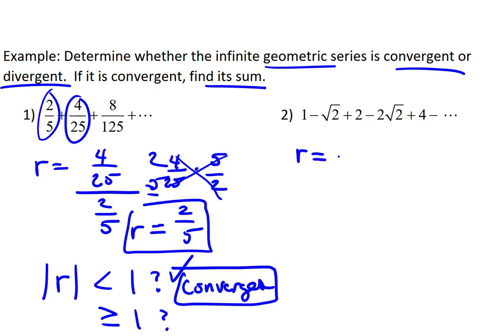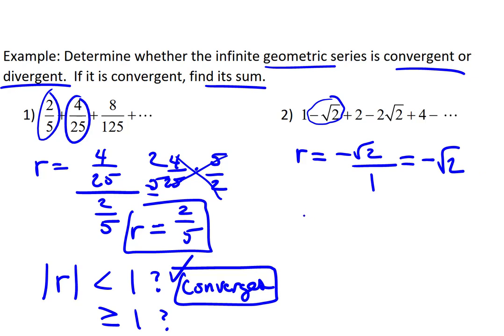As we've been discussing, this will be found by taking any term and dividing it by the previous. So again, you could pick any of these terms, but if I just pick on the first two, those numbers are the smallest. The second term, remember, you include the sign in front of a term with it, so that second term is actually a negative root 2. Dividing by the previous term, the first term is just 1. That means my common ratio is negative square root of 2.